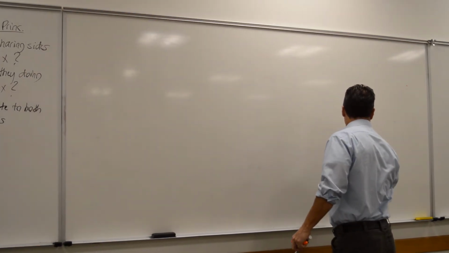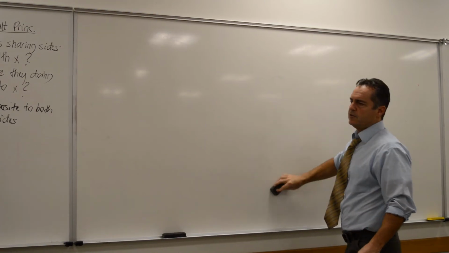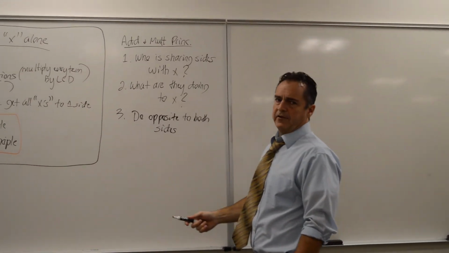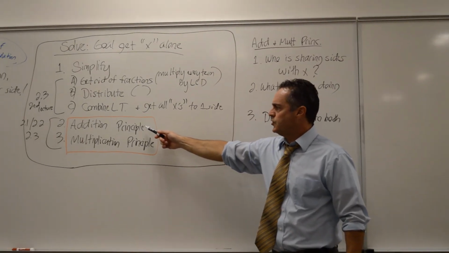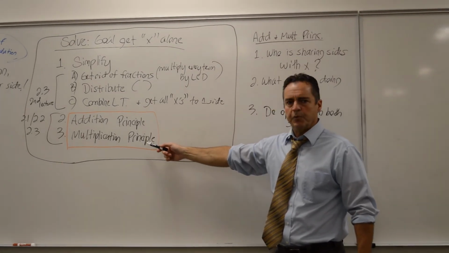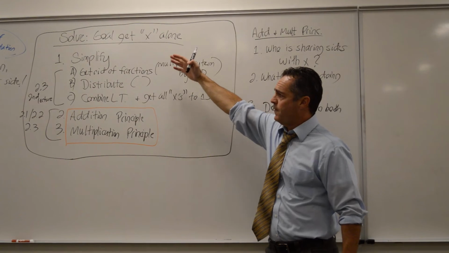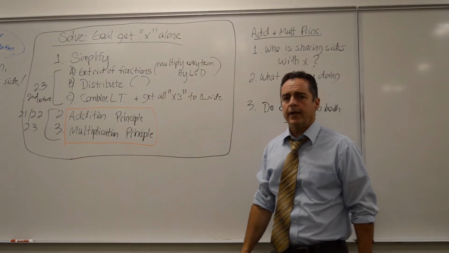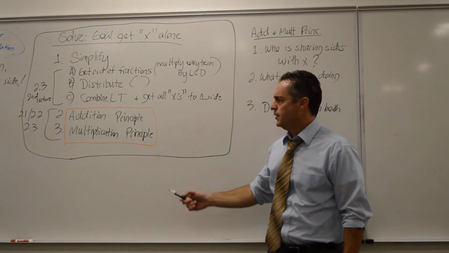Notice, Nicole, if you would, can you see the three-step process to solving over there? Yeah. Notice that we are doing the addition principle first and then the multiplication principle. It's really important that we follow this order. It'll make our lives much easier and it'll make the math easier to deal with.